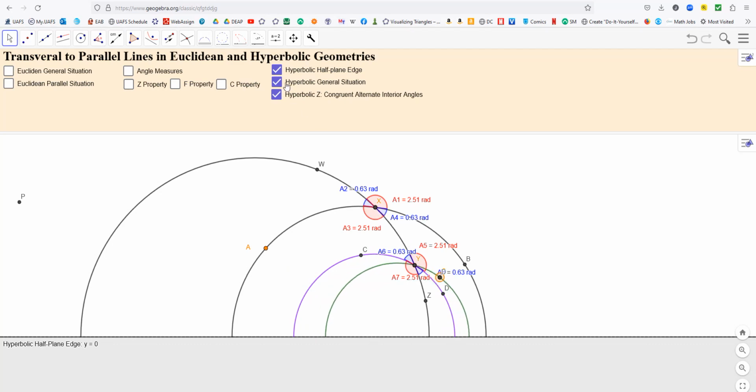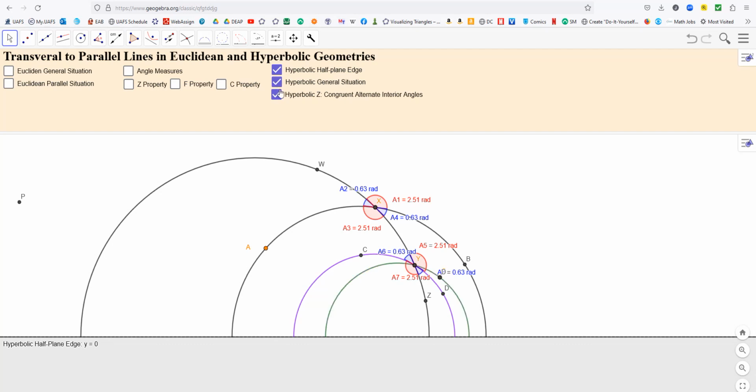The Z property does work in the sense that if you have a pair of angles that are congruent and alternate interior, like 3 and 5 or 4 and 6, then in fact these two lines do have to be parallel, the original line and the purple one here, and you just get the two sizes of the angles.